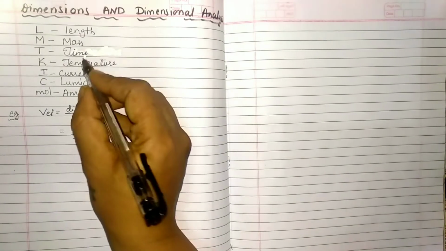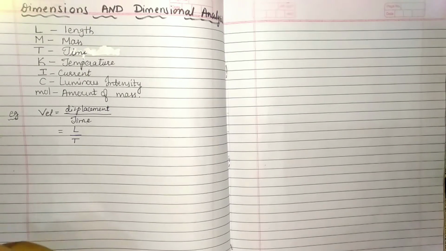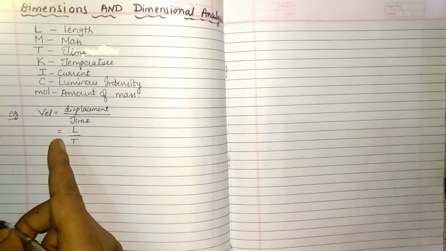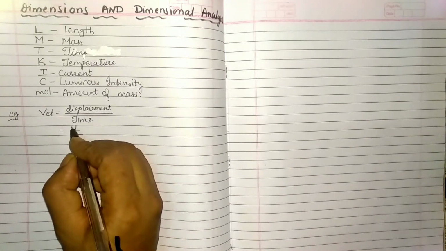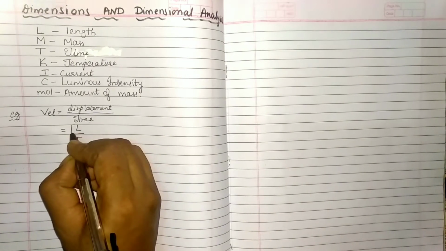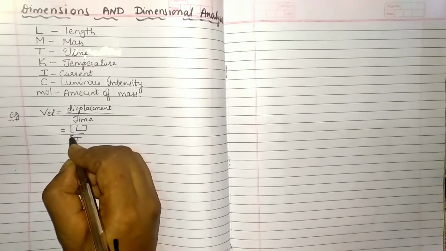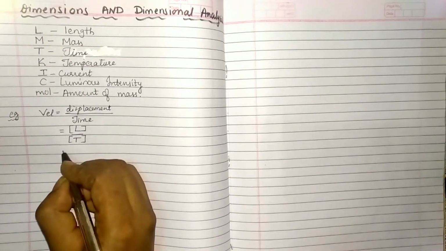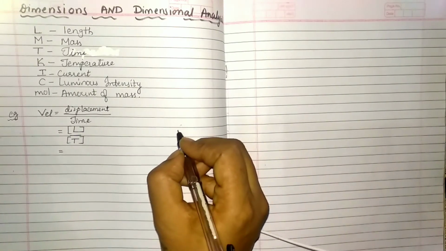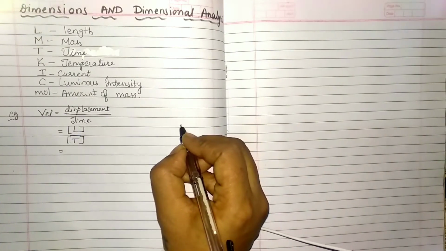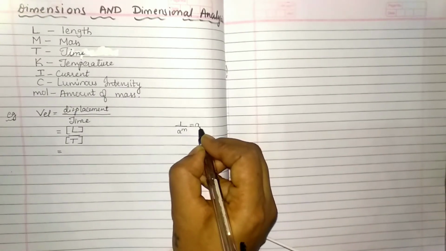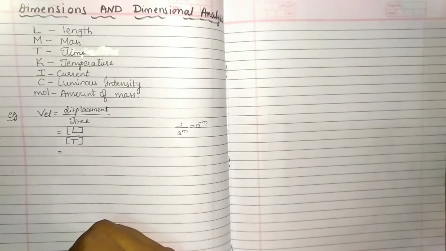So T will be taken for time. You have to remember one thing over here. While you are analyzing any physical quantity dimensionally, the things you take for the dimensional analysis must be kept in square brackets. That is a very important thing you have to remember. And as you know, in indices which you studied in 8th standard, 1 by a raised to m can be written as a raised to minus m.